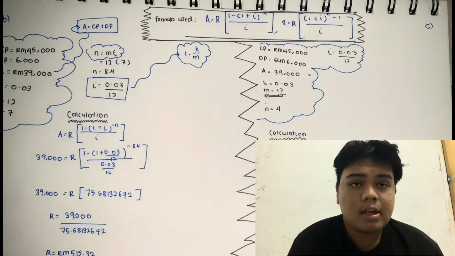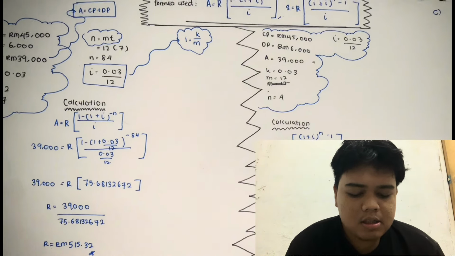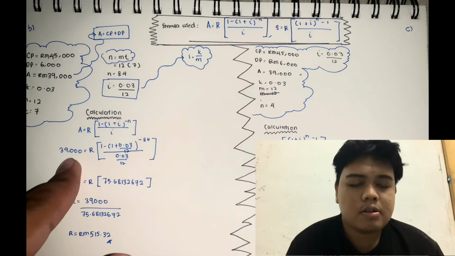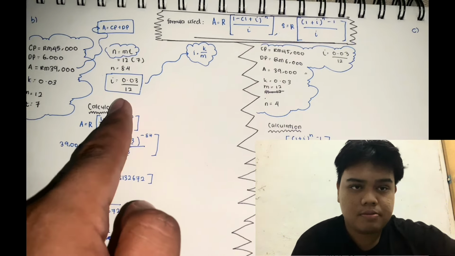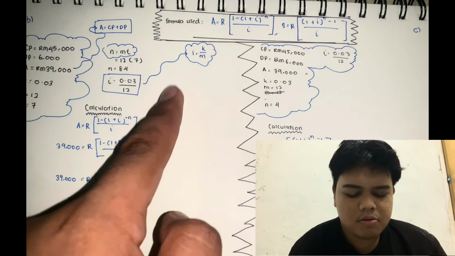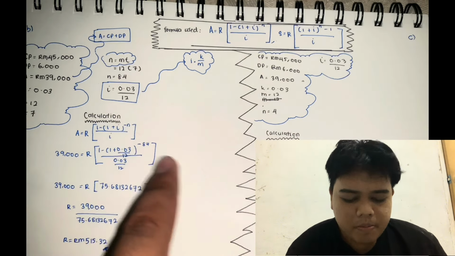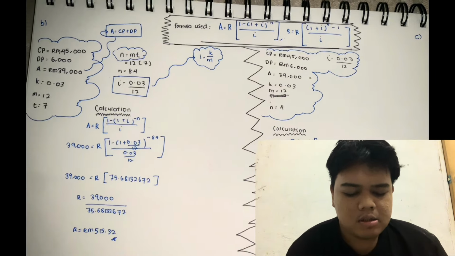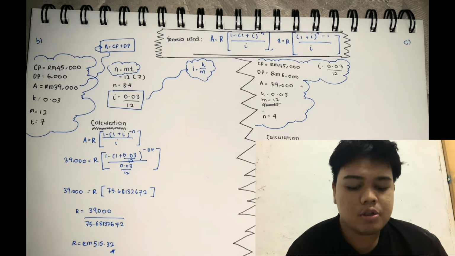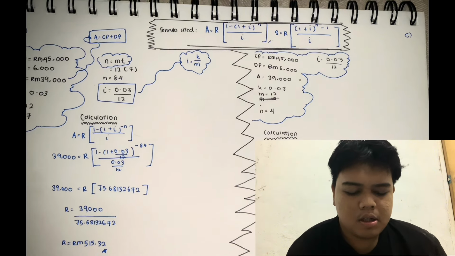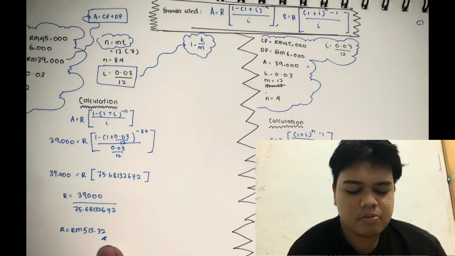i equals k per m. i equals 0.03 per 12. Use the formula A equal to R (1 - (1 + i)^-n) / i.